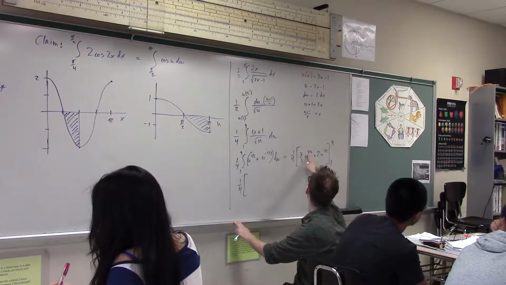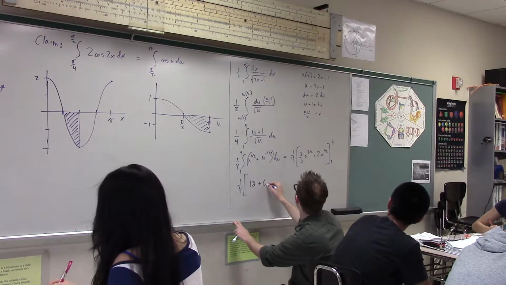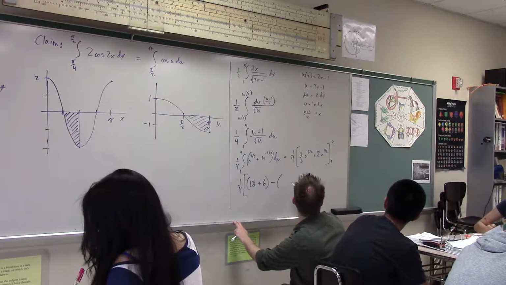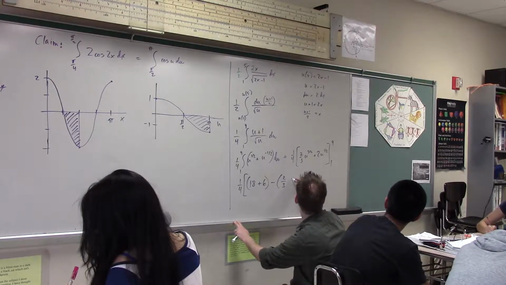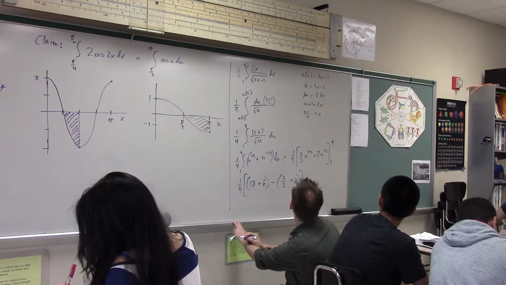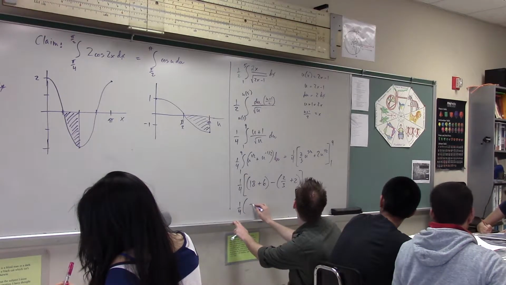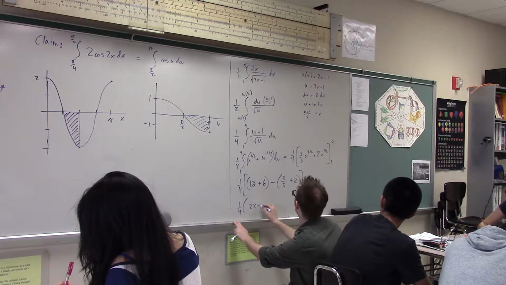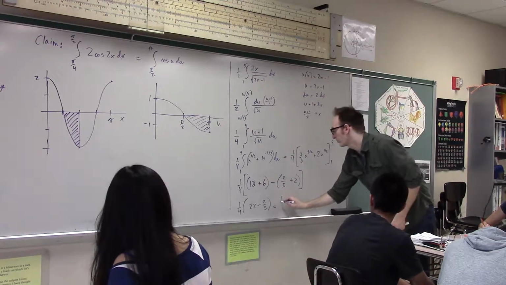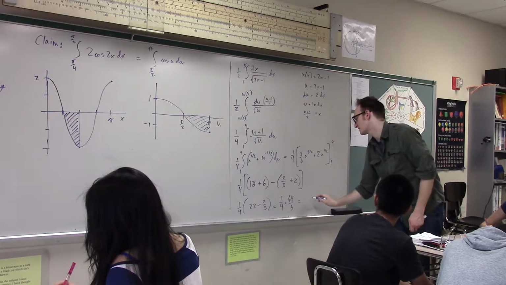So 3 cubed, 27, 9, 18 plus 6, that's 24, minus 2/3 plus 2. So 22 minus 2/3, so 1/4 times 22 minus 2/3, that's 64/3, 1/4 times 64/3. So I got 16/3.